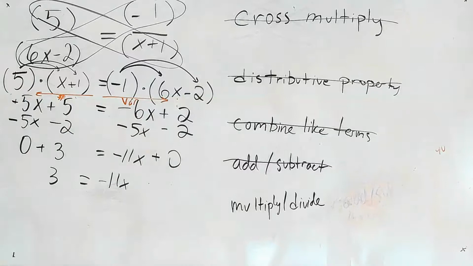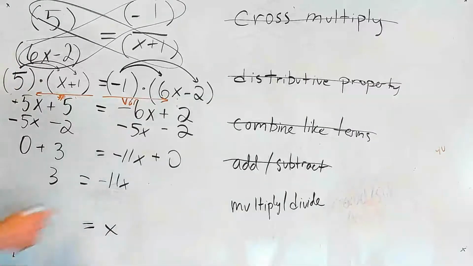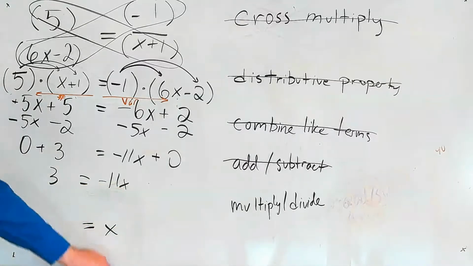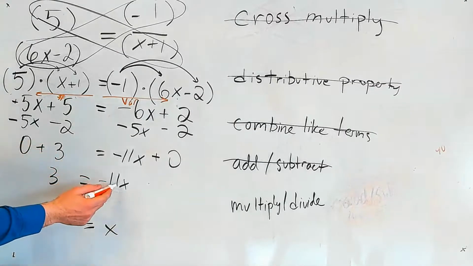Last step. Almost done here. We got to decide what are we going to multiply or divide. Remember, our final goal is to get x by itself. How can we get x from negative 11 times x? Well, when you're multiplying and dividing, you ask yourself this question: what is happening to the x?